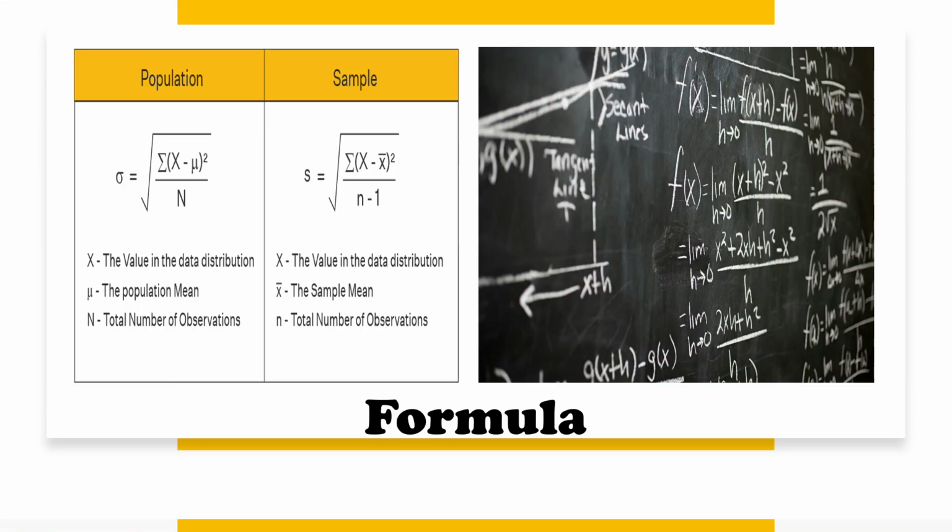Now, let's take a look at the formula. There's a formula for the population and also a formula for the sample.